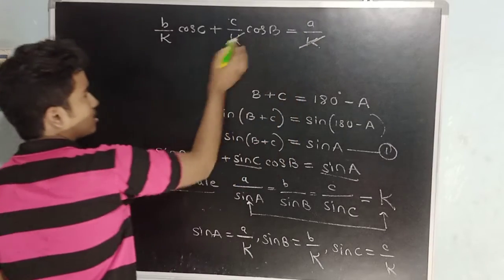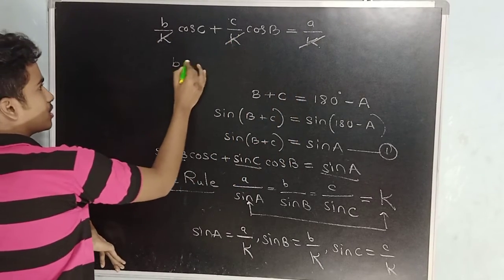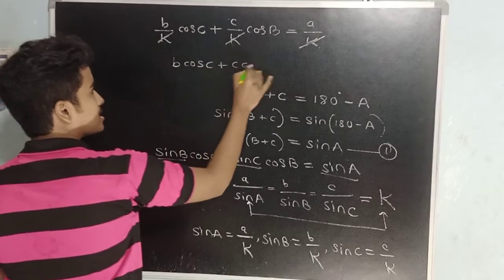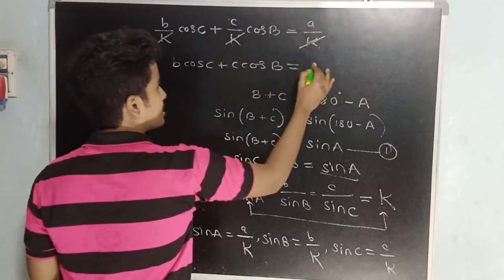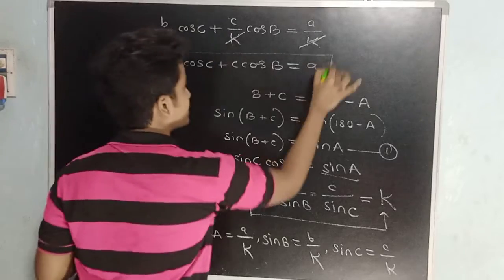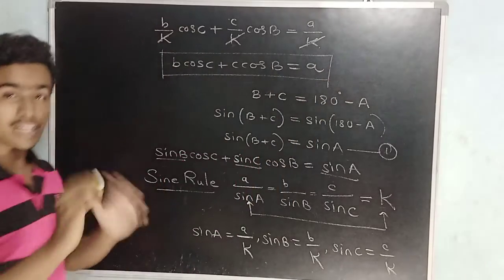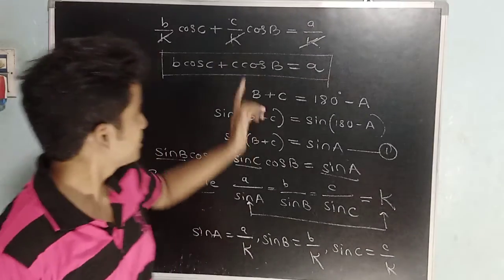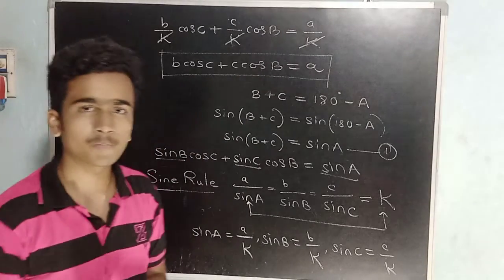What I am going to do? I am going to cancel k. So b cos C plus c cos B is going to be a. See, this is the second method, the second way of proving the first identity.